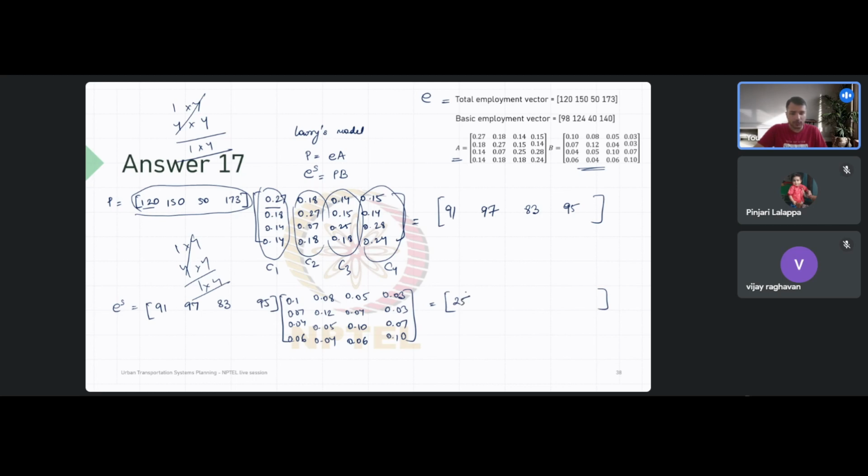So we can write it as 25. Then 26.87. Let's take it as 27.